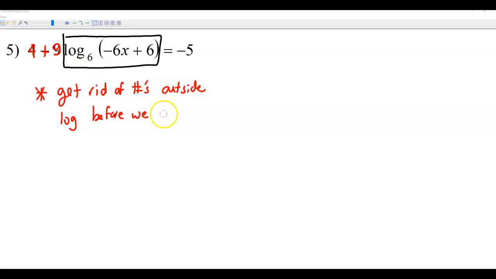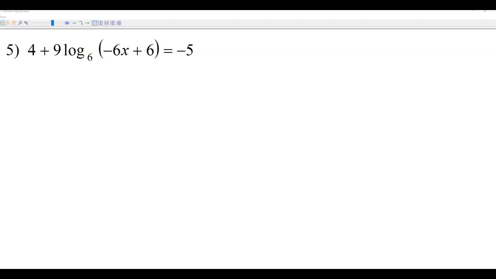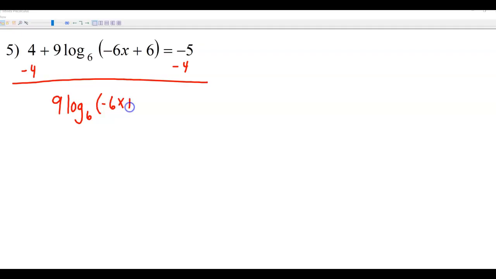Or I should say before we exponentiate. Okay, so let's do that. The first thing I'm going to do is I'm going to minus this 4 on both sides. And then I'm going to divide the 9.